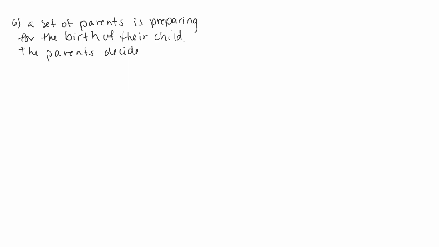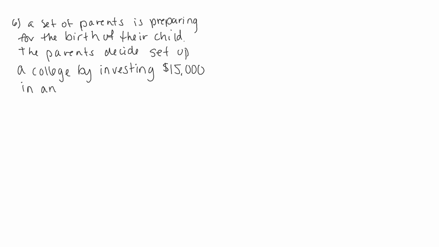Okay, so a set of parents is preparing for the birth of their child. The parents decide to set up a college fund by investing $15,000 in an account that earns 2.5%.